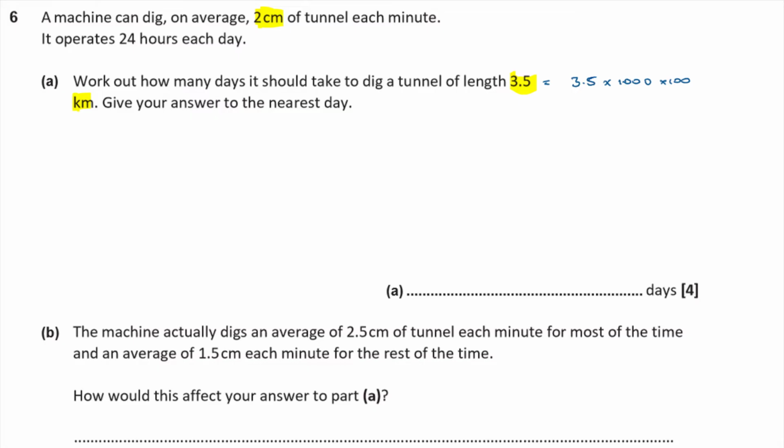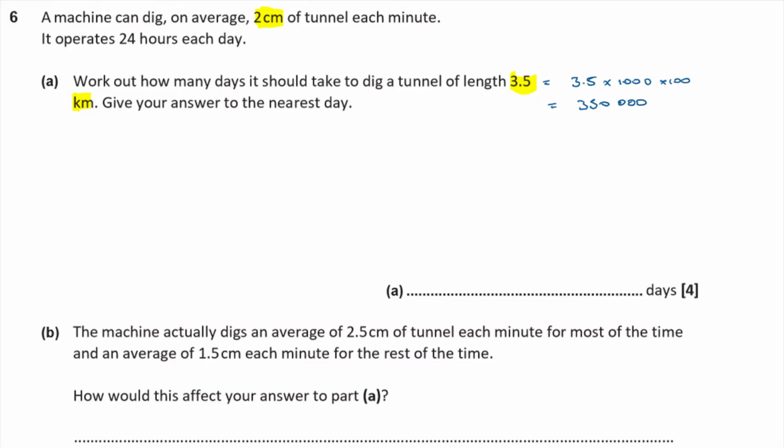So we're times-ing by 1,000 and then times-ing by 100. So 3.5 times 1,000 times 100 comes out to be 350,000. Okay, so we've got 350,000 centimeters to dig.